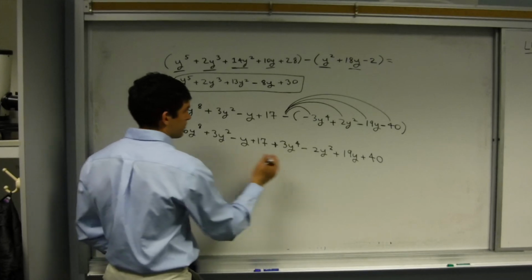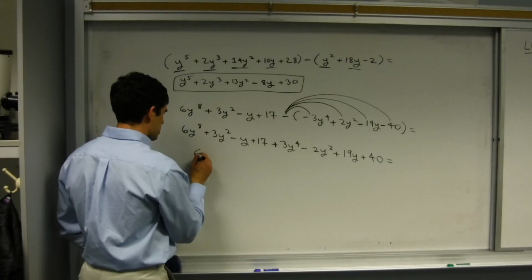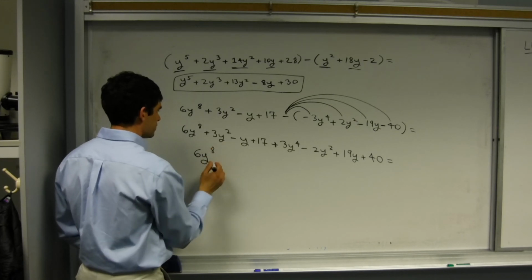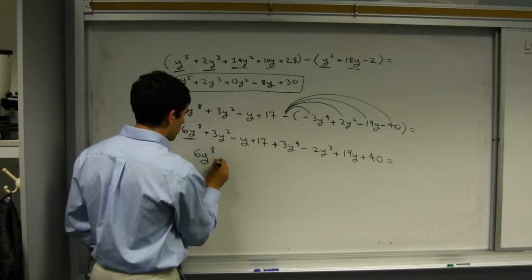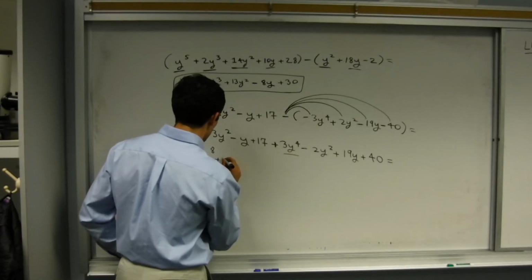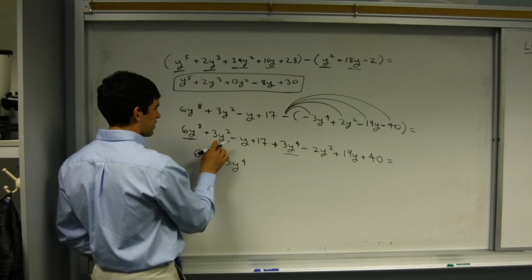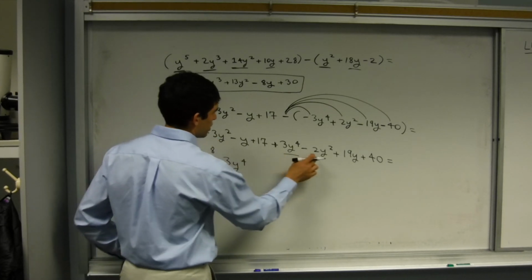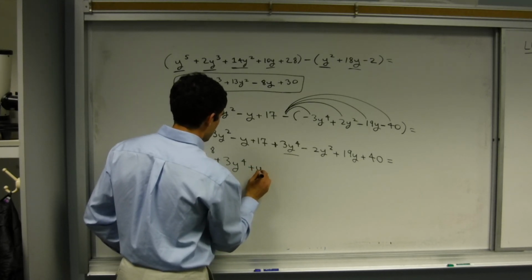So this is going to be equal to 6y to the 8th, underline it, plus 3y to the 4th. Then you have a 3y squared minus 2y squared, which is equal to y squared.